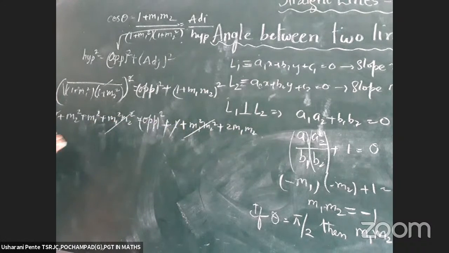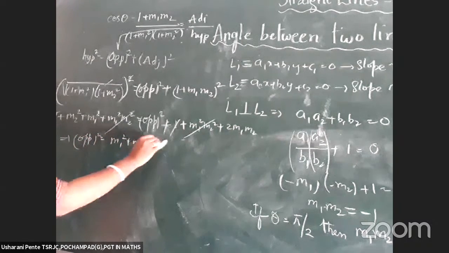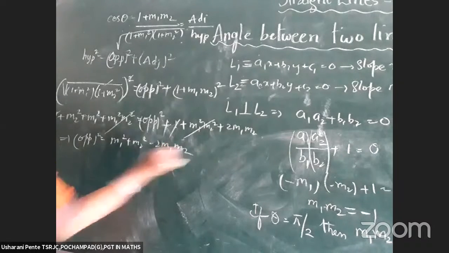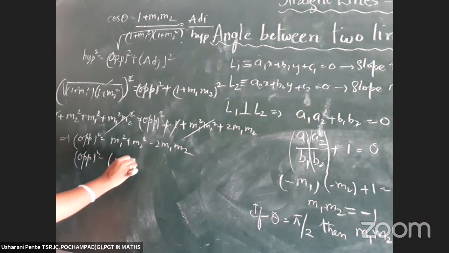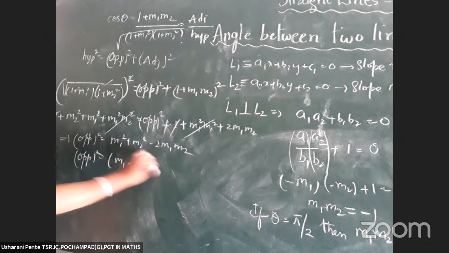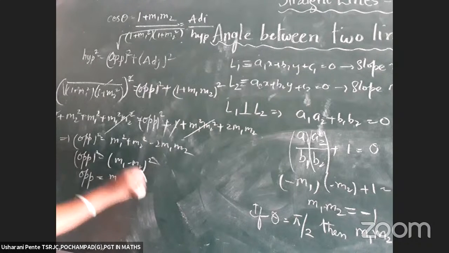So how much will I get? Opposite square is equal to m1 square plus m2 square minus 2 m1 m2. That is opposite square is equal to m1 minus m2 whole square. So the opposite side is m1 minus m2.